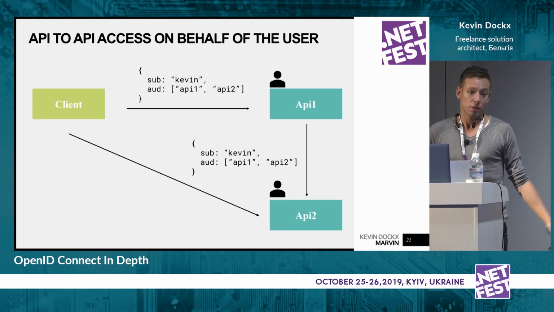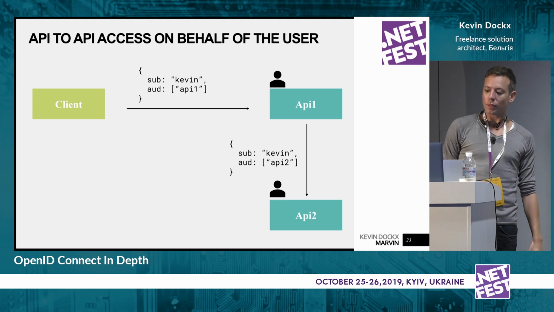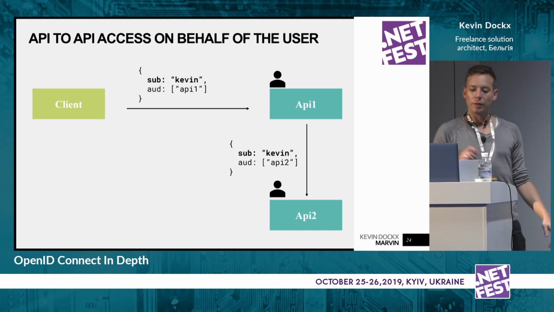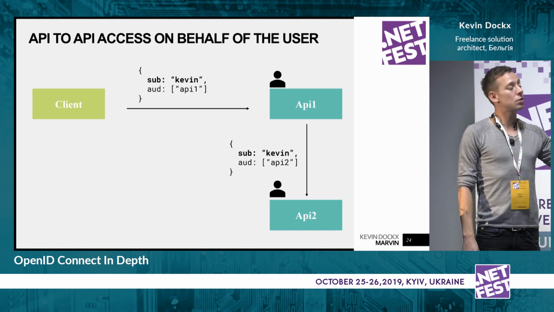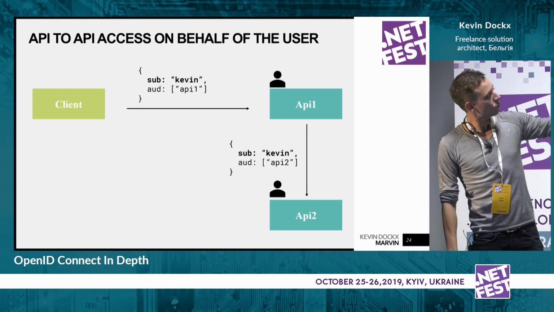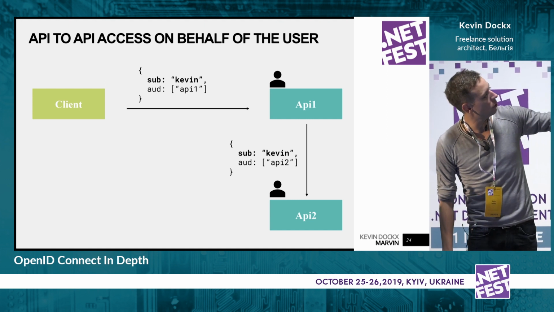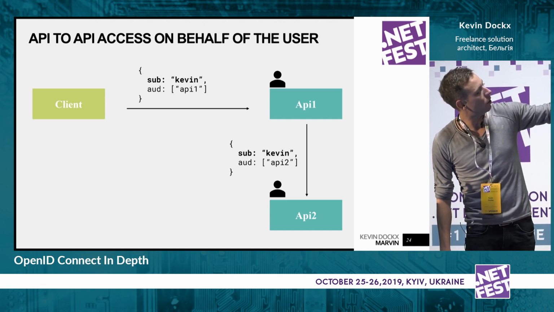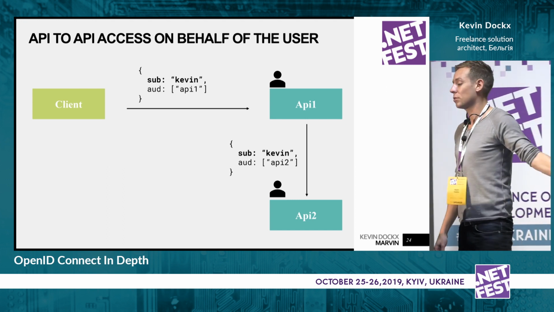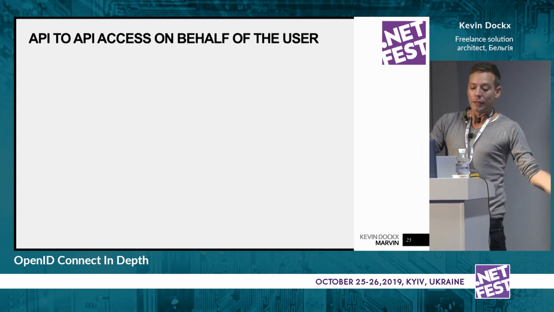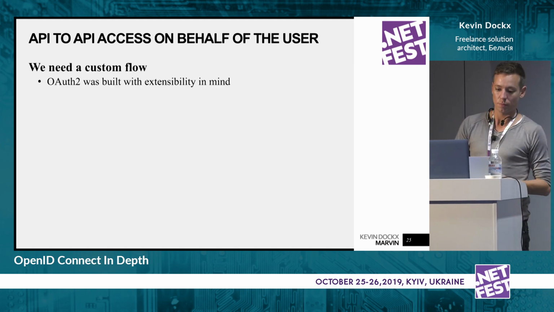So this is a bit of an issue, because what we really want is a client that has an access token that gives access to API 1, and API 1 to have an access token in the name of the token that came in, so with the same sub-value, that gives access to API 2. And this is where custom flows come in.